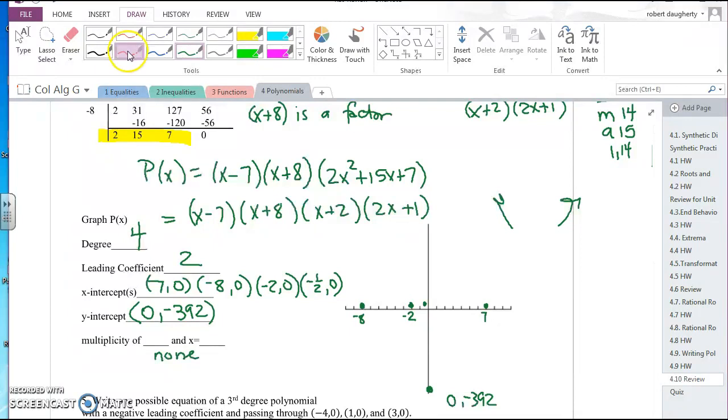So the only thing this function can do, it starts up here, it's going to go down, it has to come up, it has to go down, and then it has to hit this point here, and then come up again. So that is the only thing this polynomial can do. It goes through all 4 of my zeros, and it has the end behavior that it goes up on both ends.